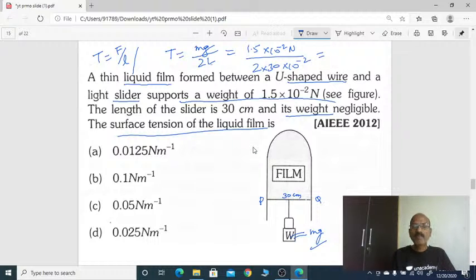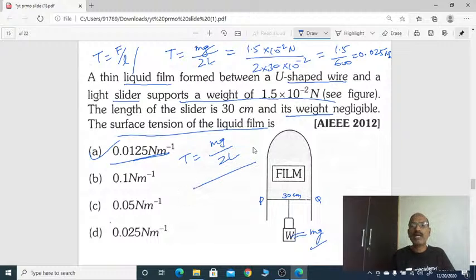You will get 1.5 by 600, that is 0.025 Newton per meter. The first option is the correct one. Use the formula, surface tension equals force mg by 2L, and you will get option 1.